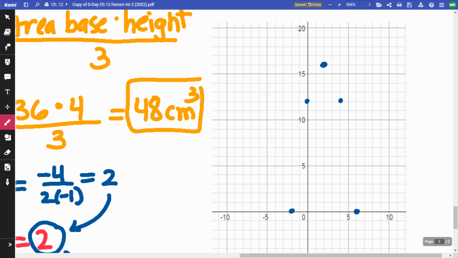But I also can, knowing that my equation again was -x squared plus 4x plus 12, this is an open down parabola with just a stretch of a -1. So if I know the stretch of a parabola, I can go over 1, 1 squared is 1, times that by a negative, I'd have points here. Out to 2 squared is 4, times it by a negative, -1, 2, 3, 4. Out 1, 2, 3, 3 squared is 9. This is going to be a -9. So 1, 2, 3, 4, 5, 6, 7, 8, 9.